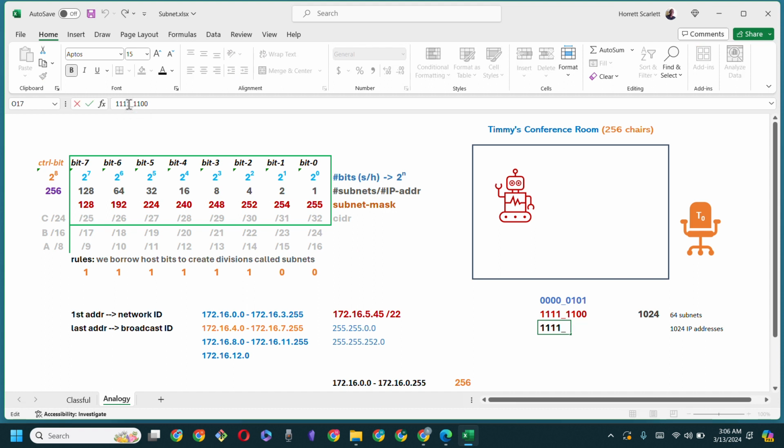So that's going to end up giving us 4 zeros. And if we now look at the ending, it's going to be 0 1 0 0. So this is what we end up with when we AND them.